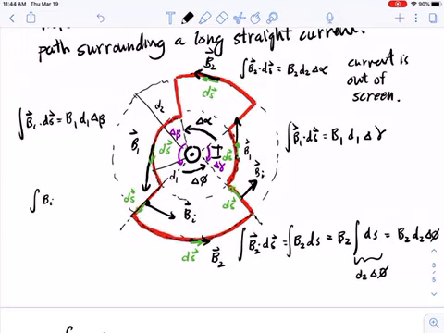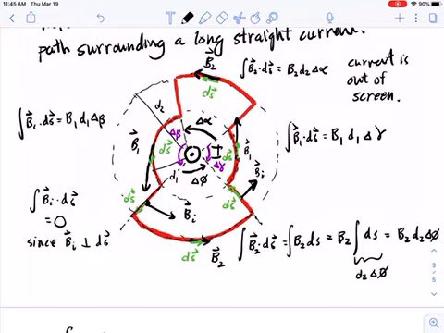B dot ds is just going to be 0 since B is perpendicular to ds. B dot ds is B ds cos theta. Theta is 90 degrees, and cosine of 90 degrees is 0. And so for all the straight line segments, we're going to get 0.